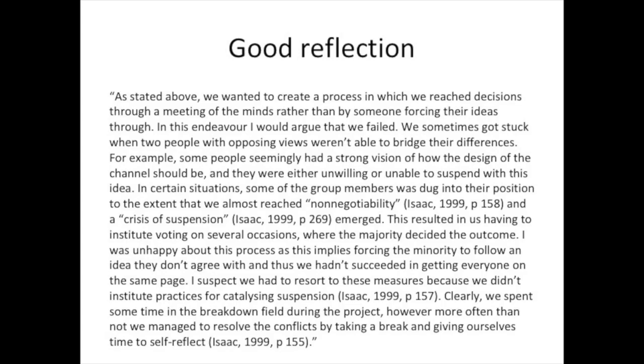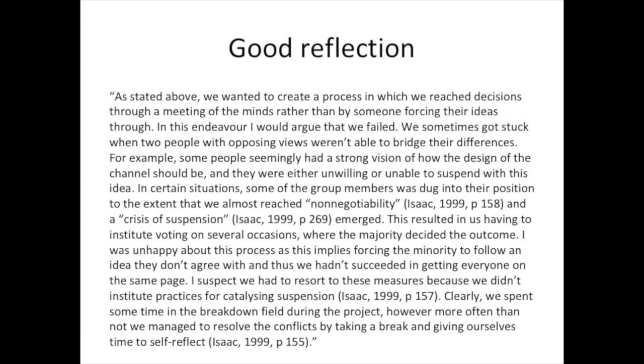This next example is an example where the author is concerned with, as they write, as stated above, we wanted to create a process in which we reach the decisions through meetings of minds rather than by someone forcing their ideas through. And then the author claims that in this endeavor they failed. And then the author presents the evidence, which is that sometimes they got stuck in opposing views and they had to use voting in order to make a decision.